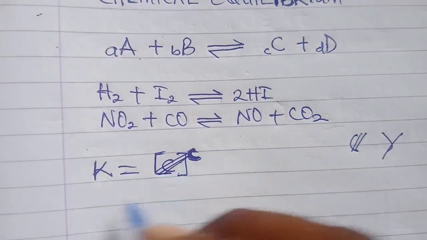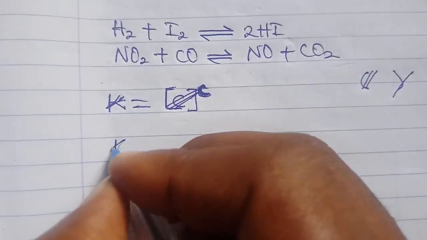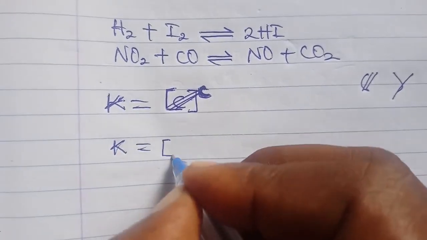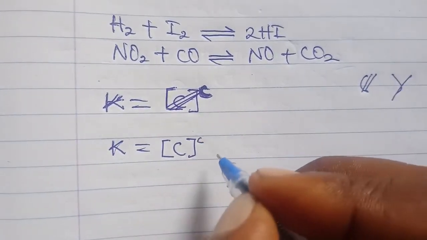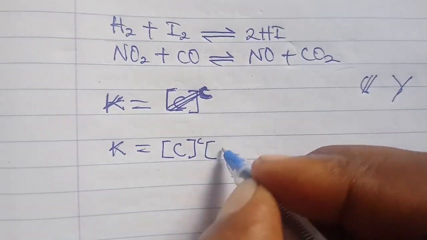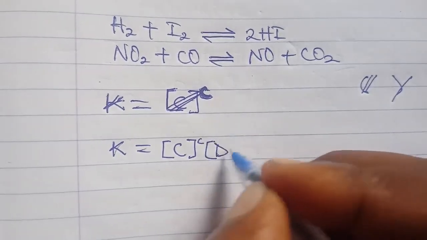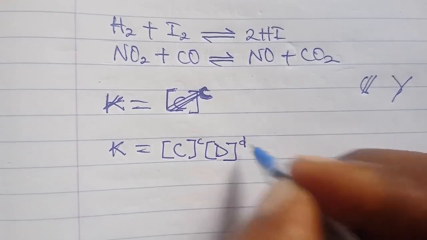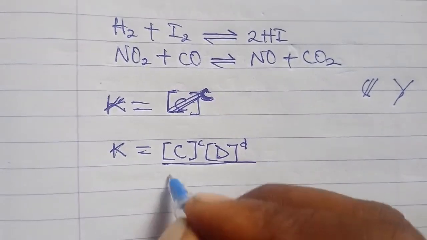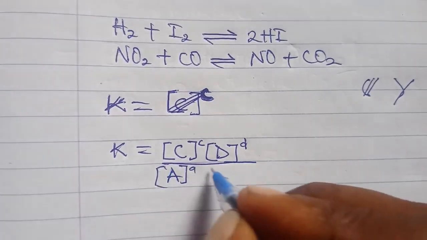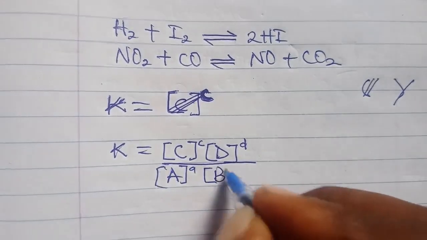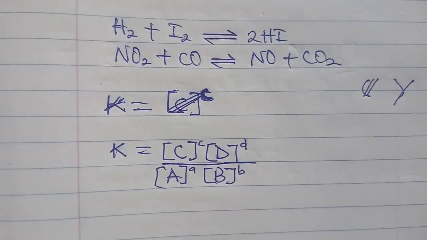Let's rewrite it. K equals the concentration of C raised to the power small c, multiplied by the concentration of D raised to the power of its number of moles, divided by the concentration of A raised to the power small a, times the concentration of B raised to the power small b.